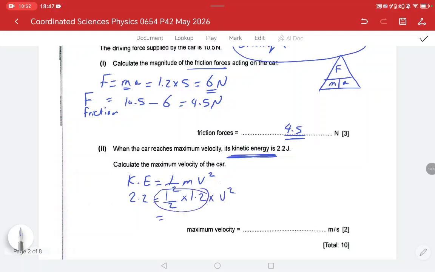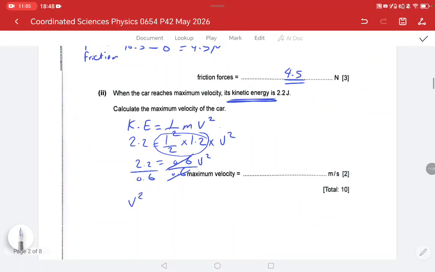So this one is 0.6 v squared, and here is 2.2. If you divide by 0.6, v squared equals this number. Take care that you need v, so you have to take the square root of this one. So let's make it 2.2 over 0.6 and the square root of the answer.